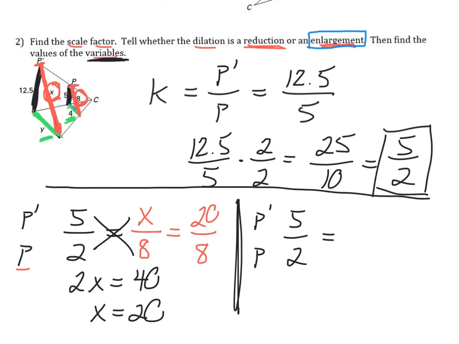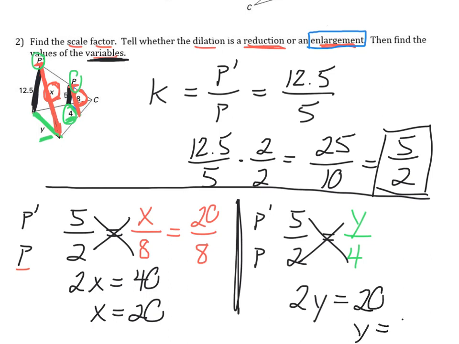Remember, y is coming from the image, so I'm going to put y on top on the other side of my proportion. And 4 is coming from the pre-image. Now that my proportion is complete, I am going to cross multiply. So we end up with 2y equals 20. So it looks like y is going to equal 10.